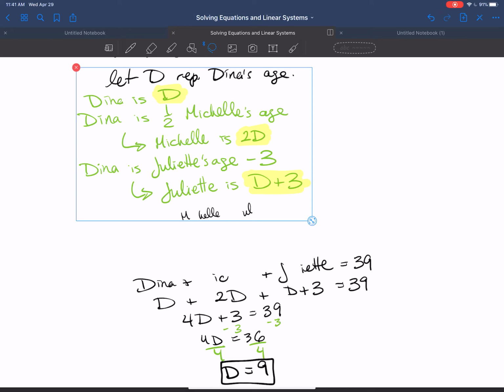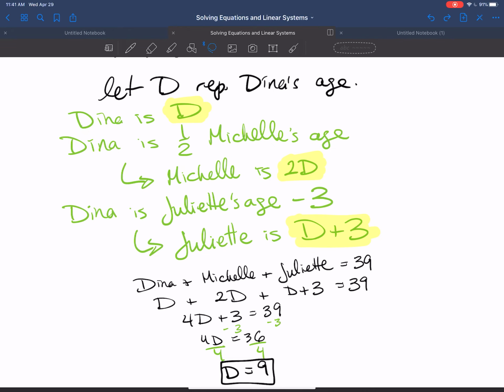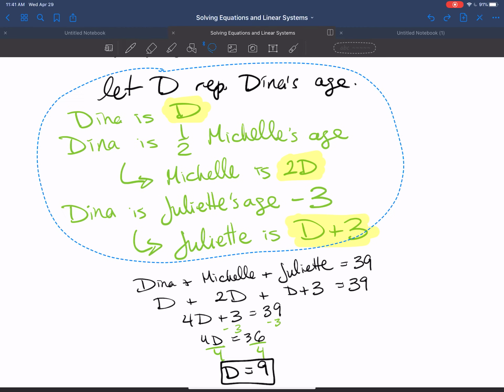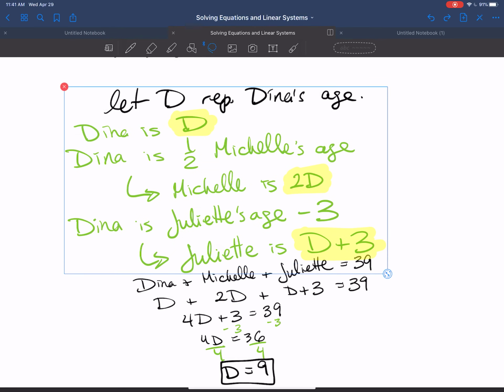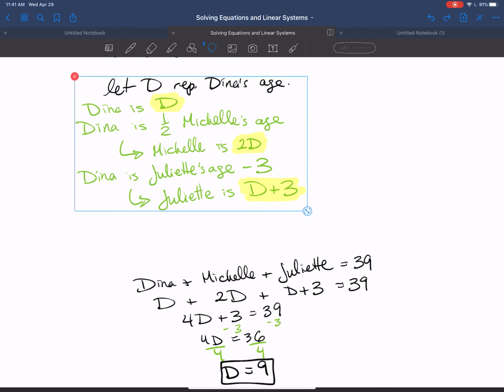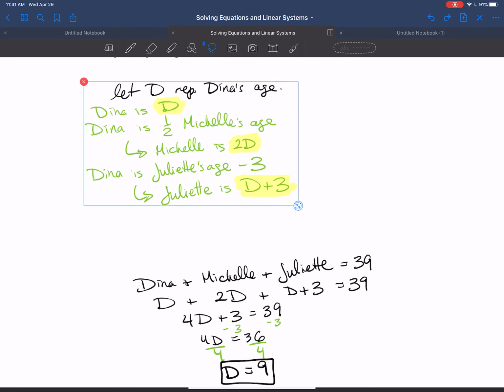Just make some more space here. Oops. Try that again. Don't worry, I'll figure this out eventually. All right, so what did we figure out?